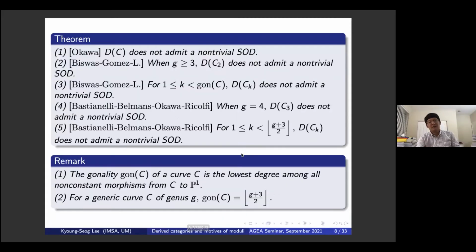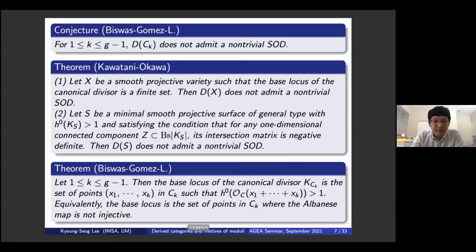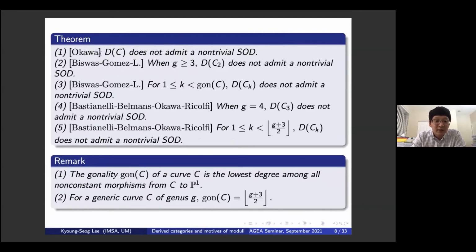From this, we can say something about the indecomposability of the derived category of the k-symmetric product of a curve. Before this result, Okawa proved that the derived category of a curve does not admit a non-trivial semi-orthogonal decomposition.